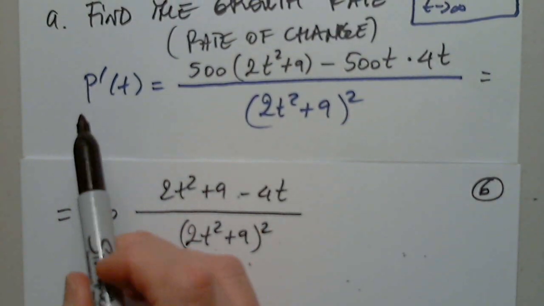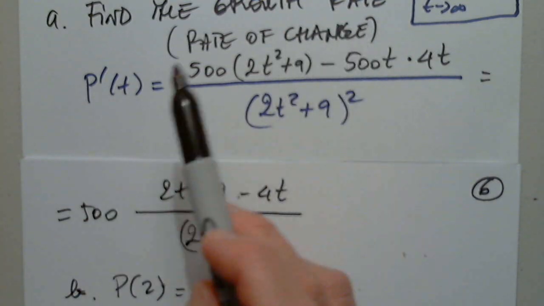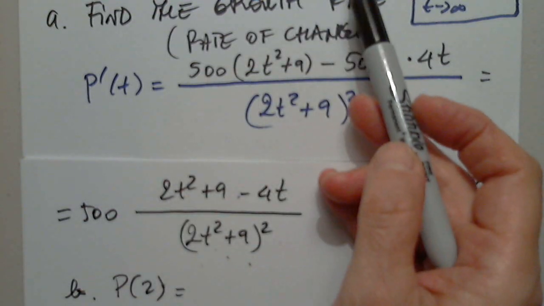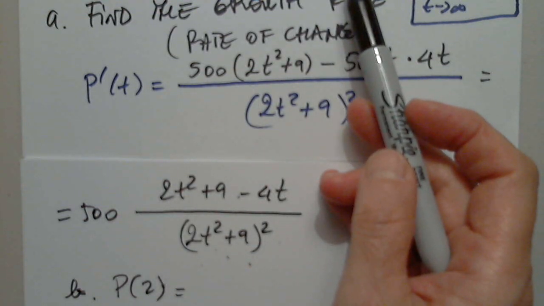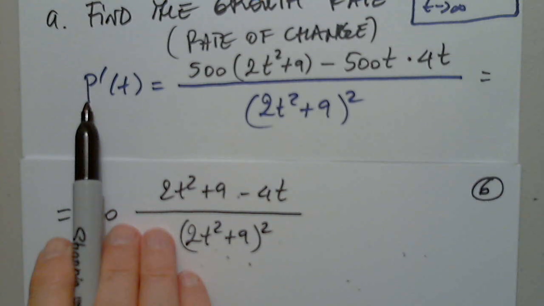But P prime of t is the growth rate for any particular t where this function is differentiable. We're asked to find the growth rate at 2. We're not told the population. They never told us anything about the population.